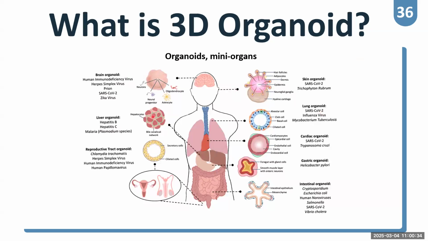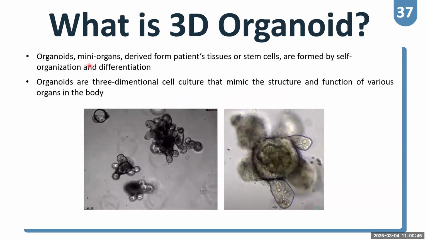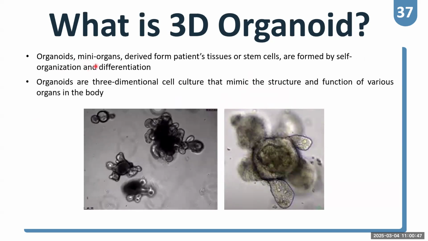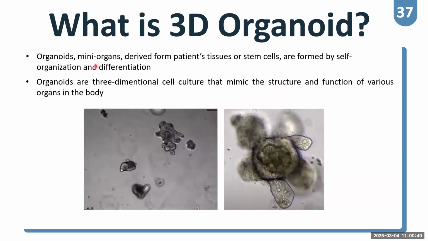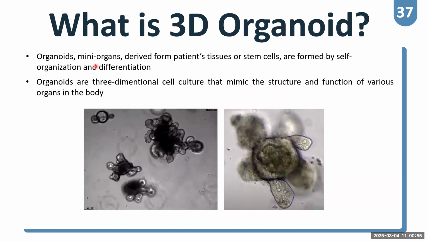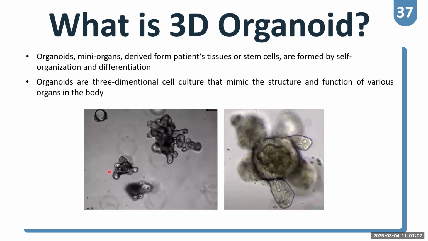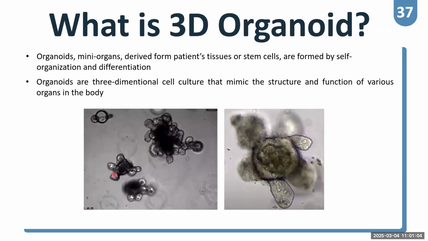For example, from brain, from lung, from liver, something like that, breast cancer. Okay, and you see the organoid is a mini organ. It's not only the cancer patient tissue, but also healthy people can give the tissue to us, and we can derive organoid to compare between the patient and also the healthy donor tissue.